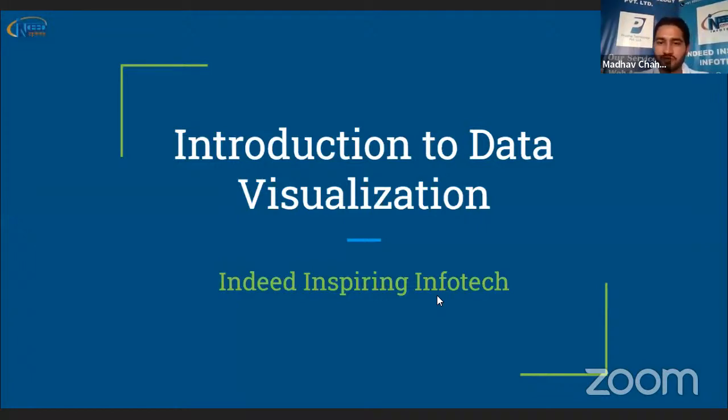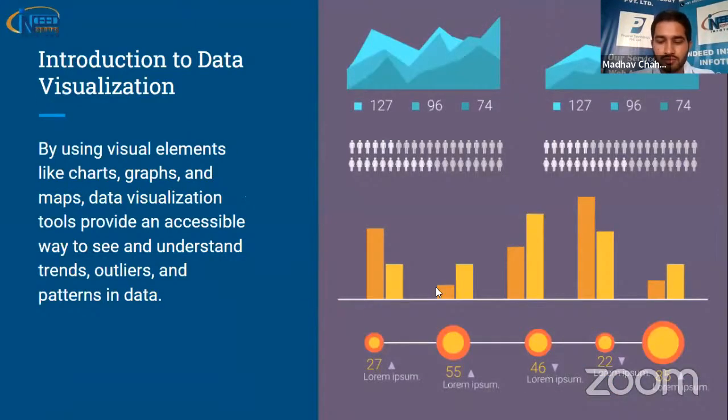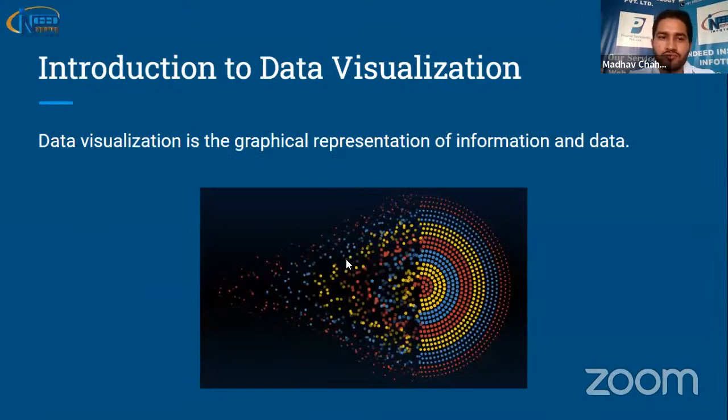So, introduction to data visualization. We know that data visualization is the graphical representation of information and data. Now, what is data and what is information is the basic question which comes to the mind.